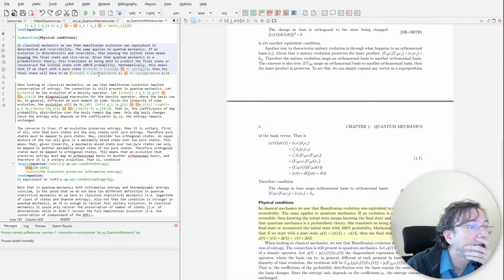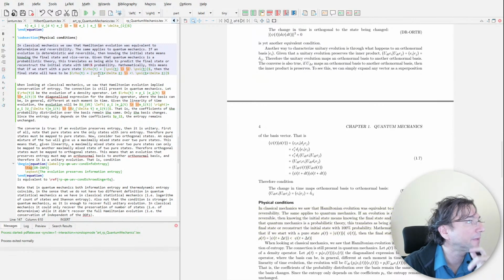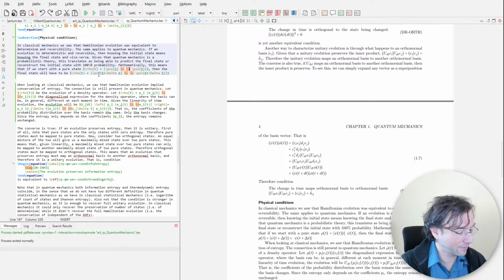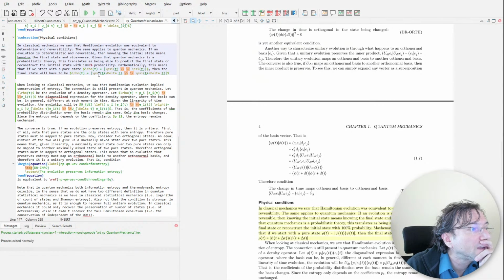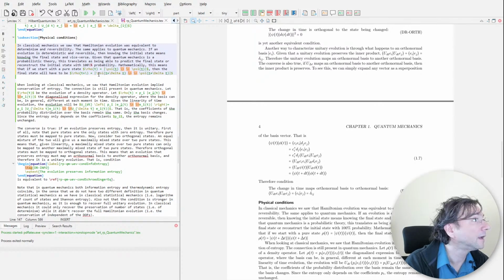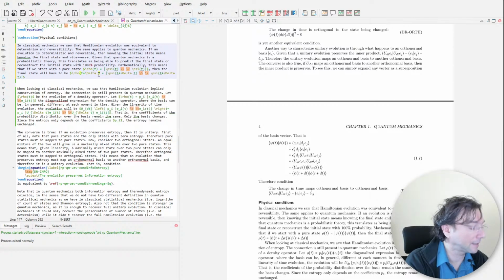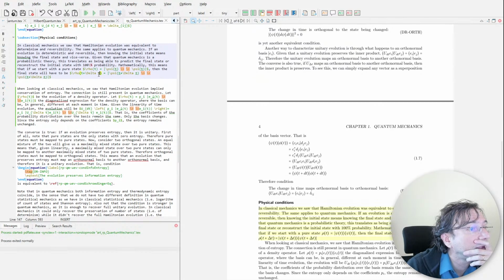Okay, now we have to translate the argument into math. Plus delta t here as well. Reversibility of t is relative with the final state.